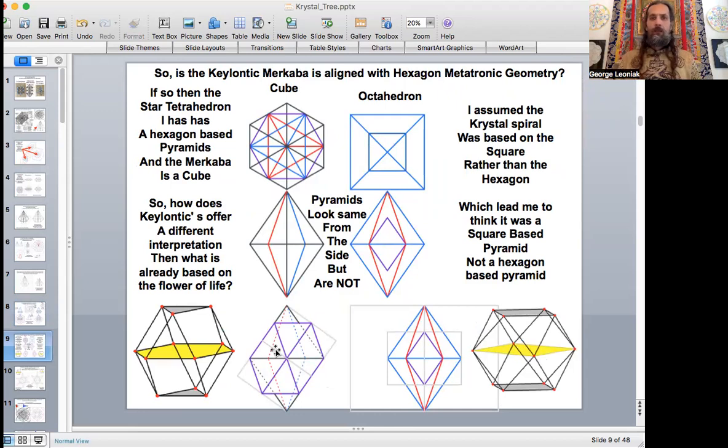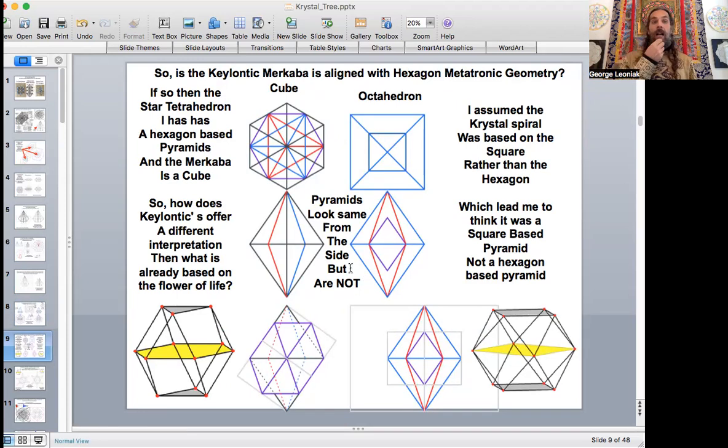So when I assumed, based on looking at the square view of it, that I was looking at an octahedron and cube, really based on square, particularly given how much the literature of Keylontic science in the past has frowned upon hexagon geometry.